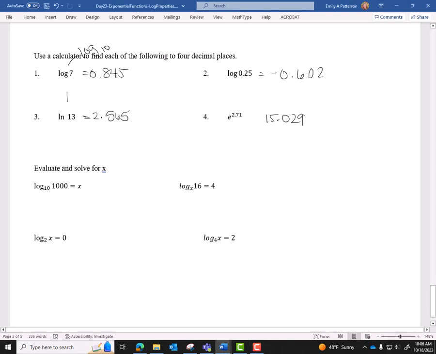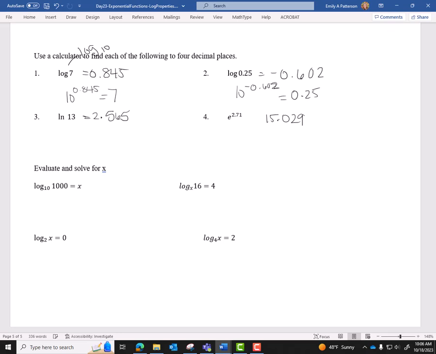So what this means is 10 to the 0.845 is equal to 7. This means 10 to the negative 0.602 is equal to 0.25. And what I want you to do is actually tap that out, see if that makes sense. Type in 10 to the negative 0.602 and see if that equals 0.25.